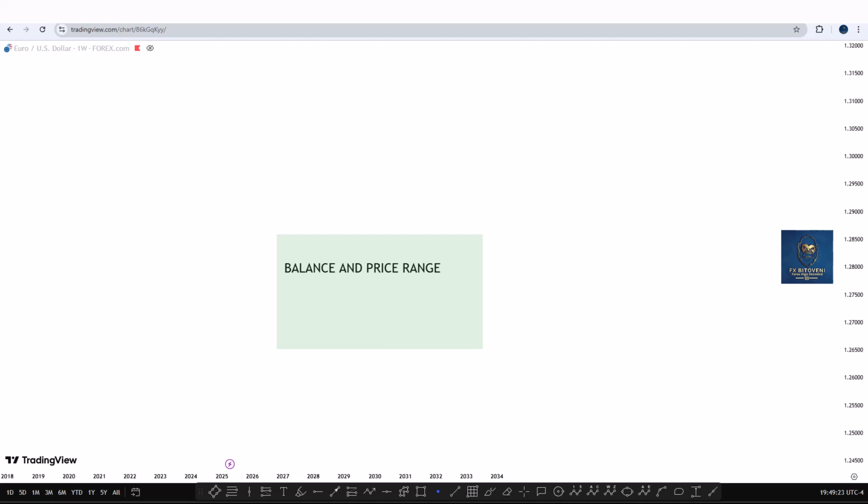Now, before we talk about ranges, first of all, you have to understand what we call balance in market. Then after you understand the balance in market, we start getting an idea how price range is formed. There is a text below that I want to show you.